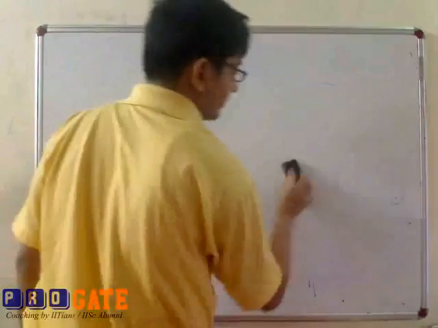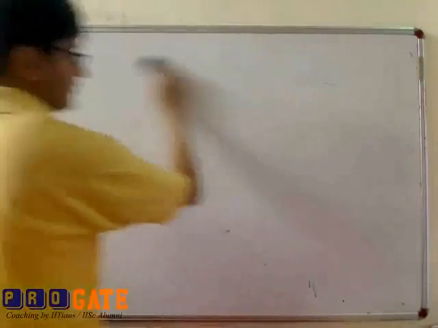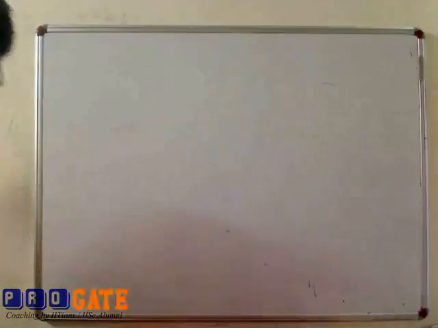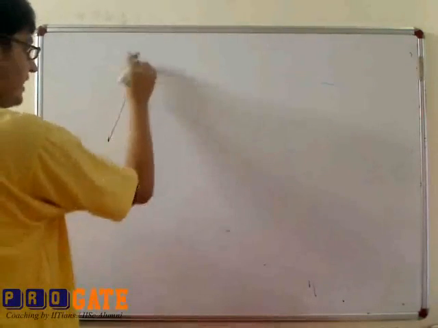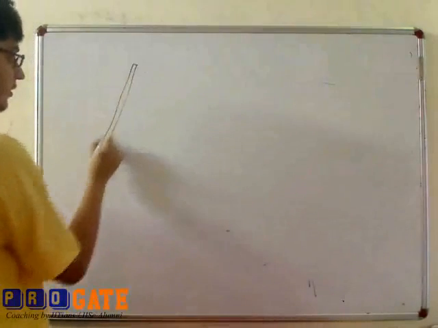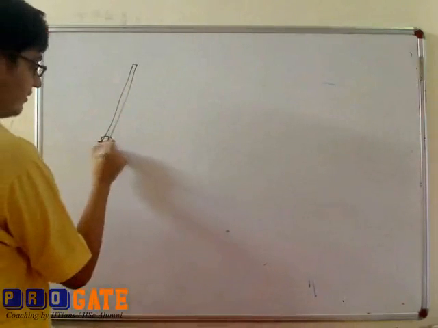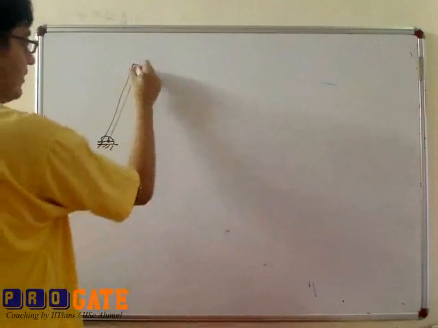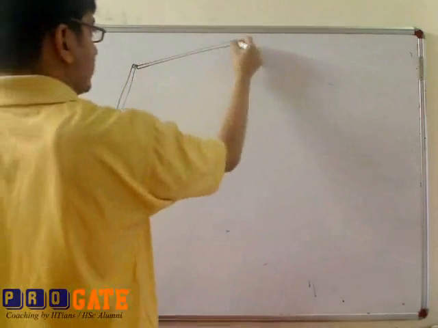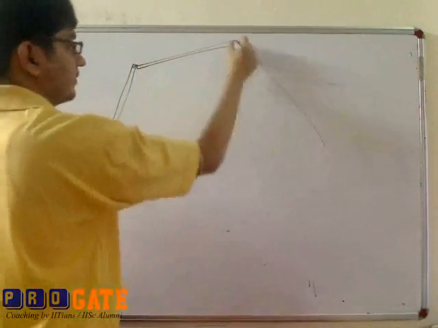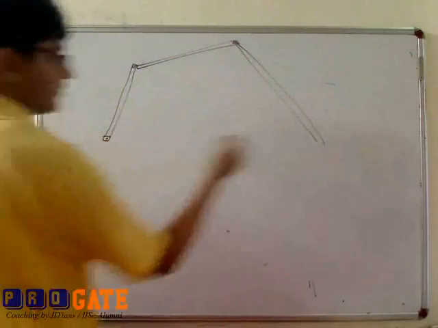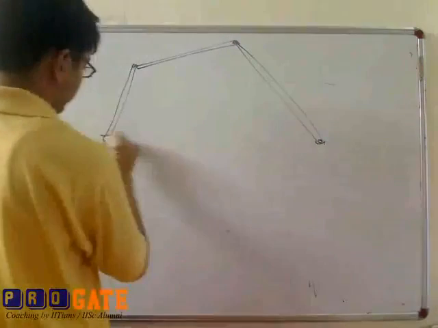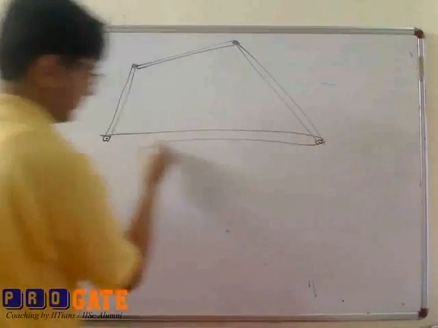Consider a four-bar link. Why four-bar link? Because any mechanism in the world you can analyze in the form of a four-bar link.